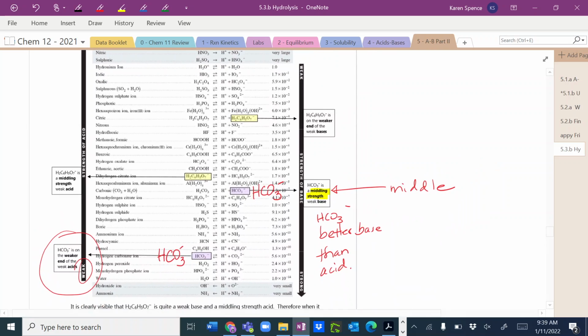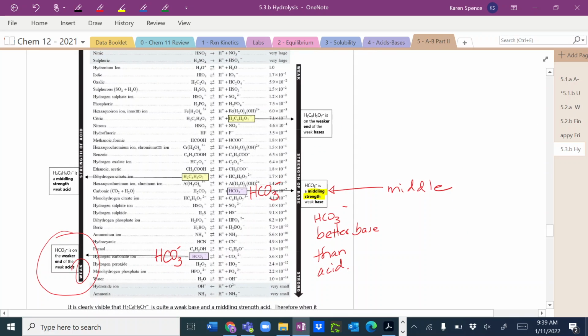All right, and we're going to do the same thing for the dihydrogen citrate ion, the other amphiprotic ion we looked at. You can just look on your table and say, this dihydrogen citrate here is, oh, I don't know, about the lower quarter or the lower third? Whereas the H2CO3 is kind of more in the middle.